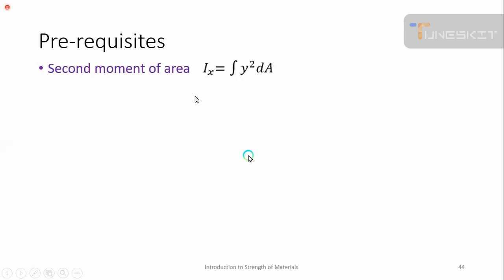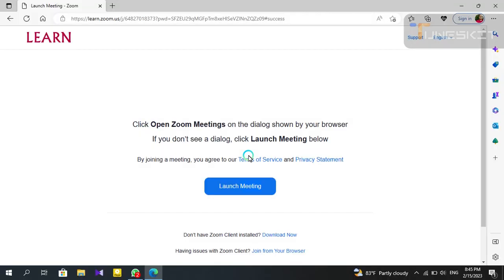So neutral axis. Neutral axis. How can you find the neutral axis?